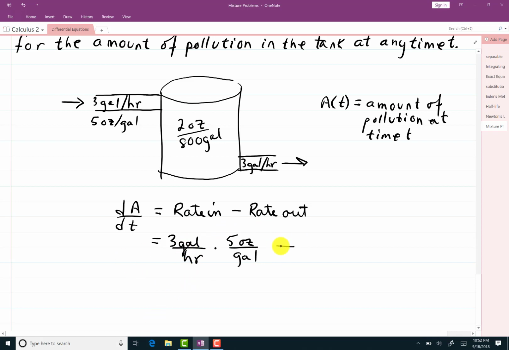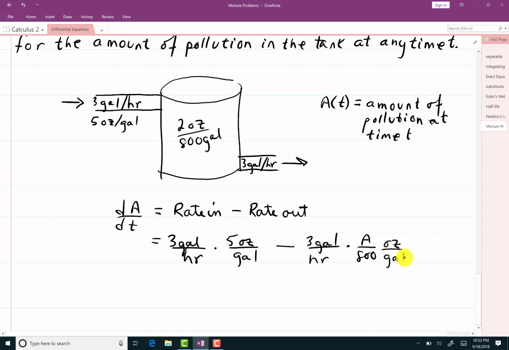Now leaving the tank, rate out, I know it's 3 gallons per hour, but since this is changing in here, 2 ounces is just the initial amount. Since I'm saying A of t is the amount of pollution in the tank at time t, I'm going to have A divided by 800 gallons of water, and that is ounces per gallon.